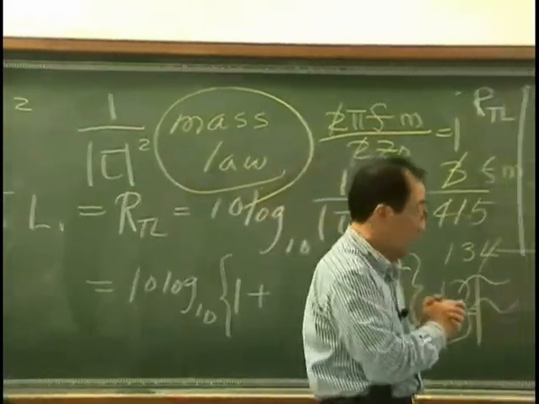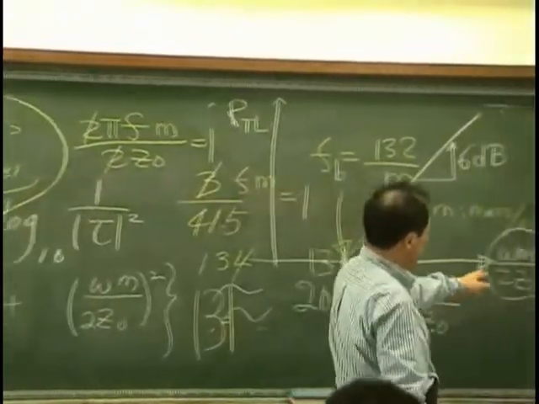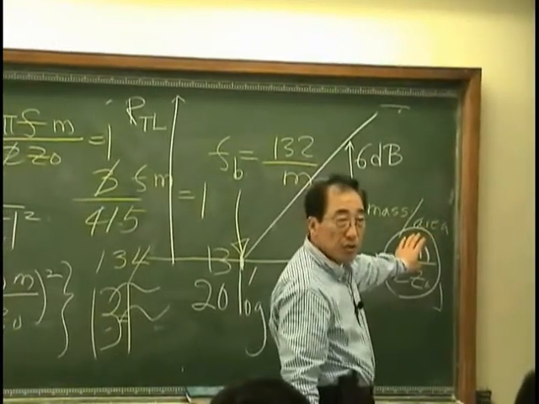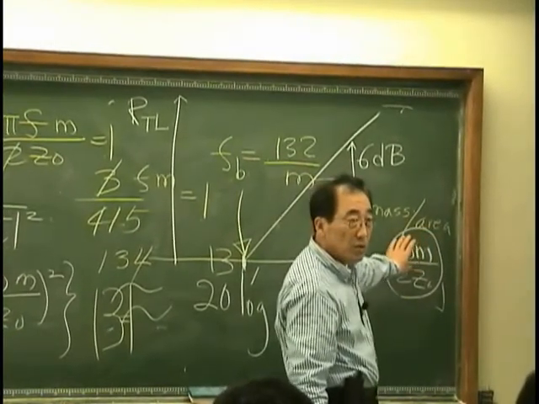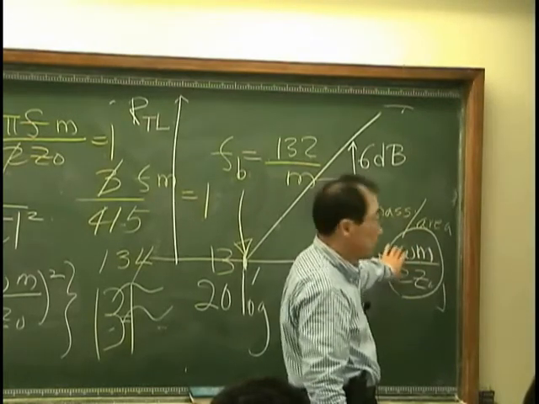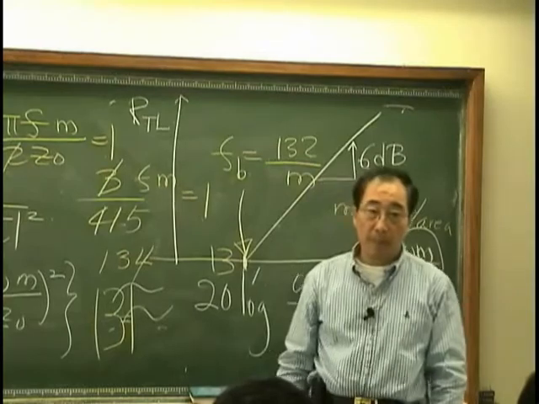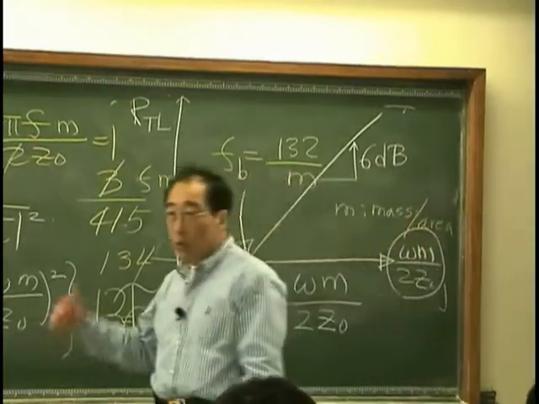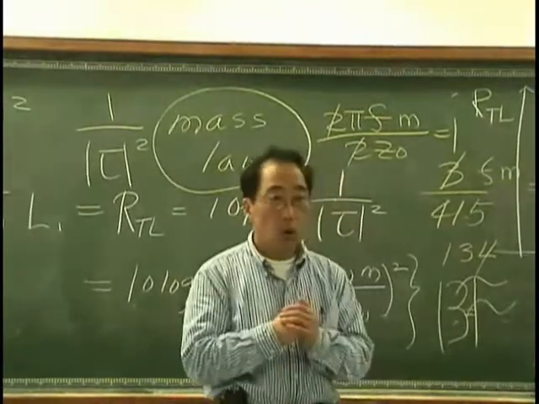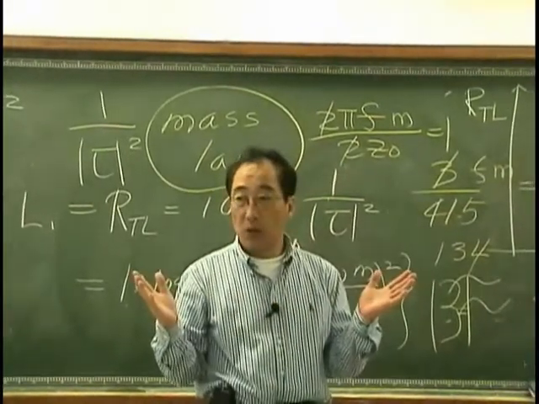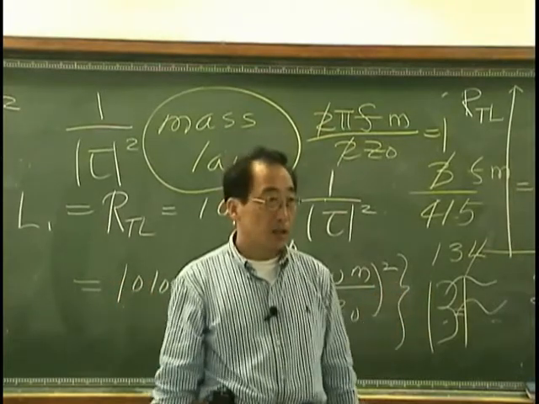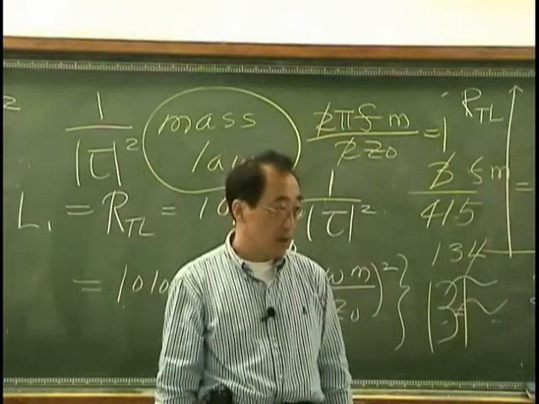And the typical or representative measure that characterizes the transmission loss of a limp wall is omega m. And that's why we call this result Mass law. Mass law in acoustics is different from the Mass law that is used in other fields.